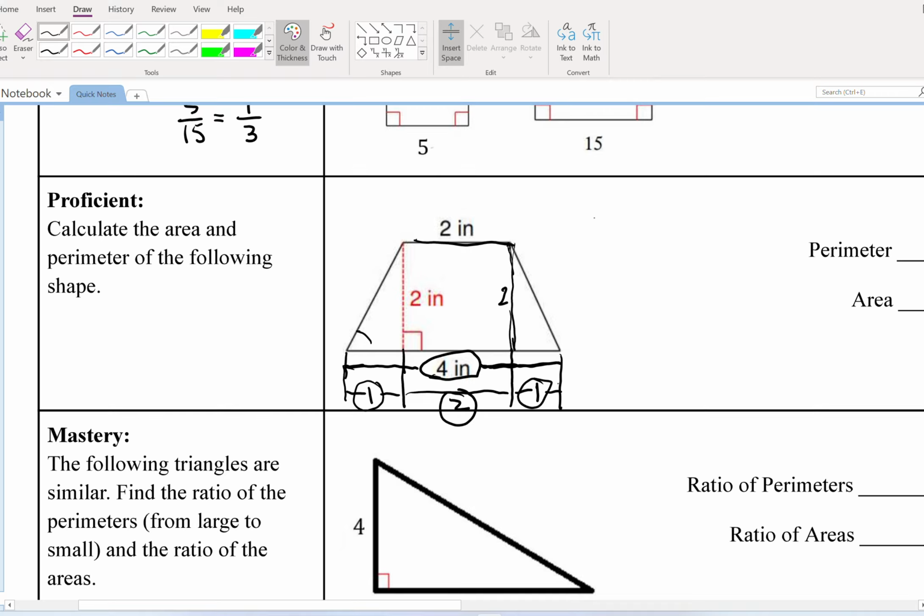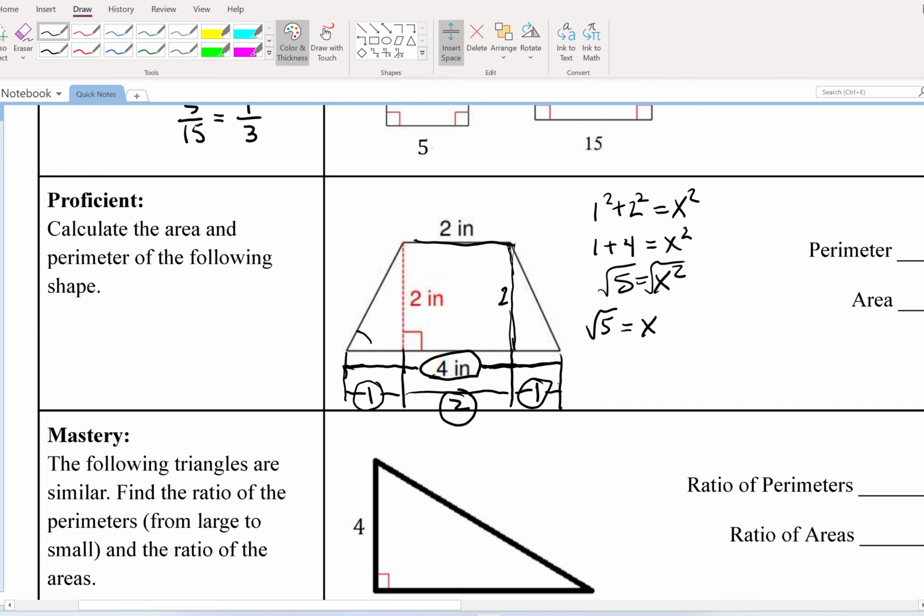So I can use the Pythagorean theorem. 1 squared plus 2 squared equals, let's call this x, x squared. 1 plus 4 equals x squared. 5 equals x squared, and then taking the square root of both sides gives x equals the square root of 5, which is an irrational number.